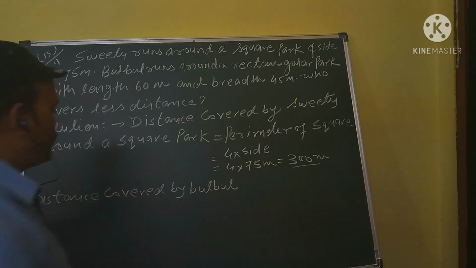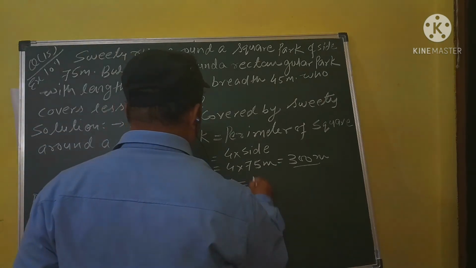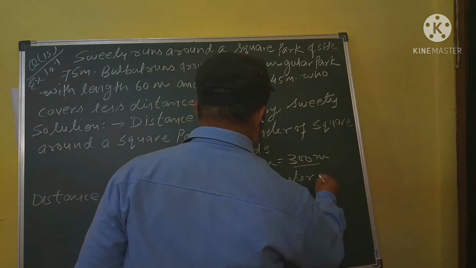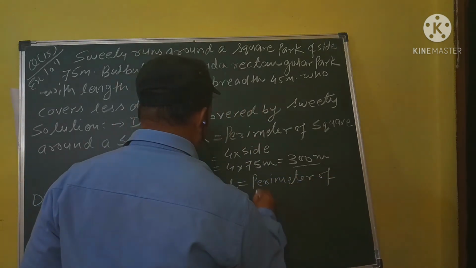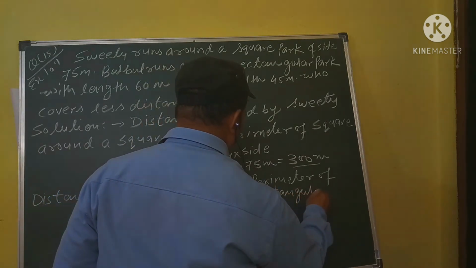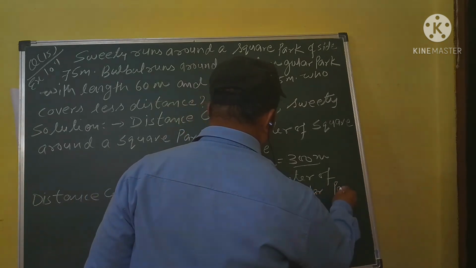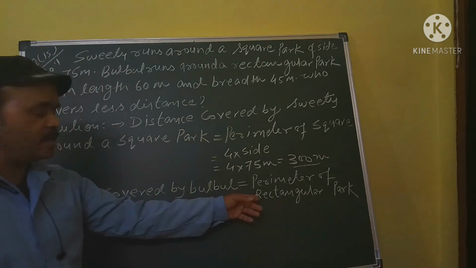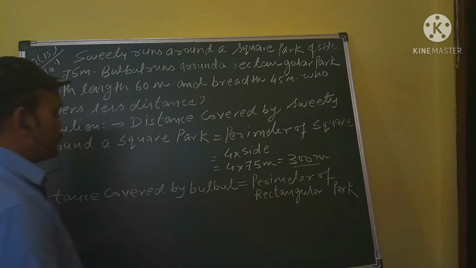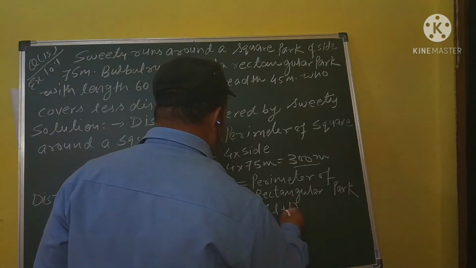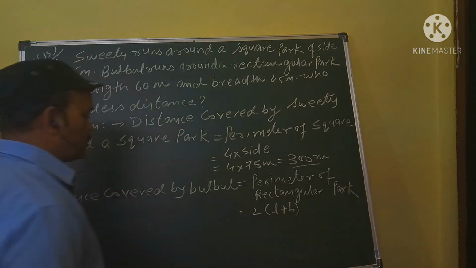The distance covered by Bulbul is equal to the perimeter of the rectangular park, which is 2 into (L plus B).